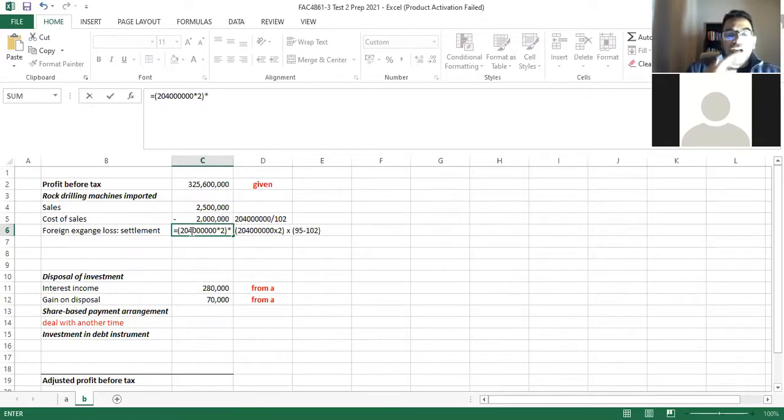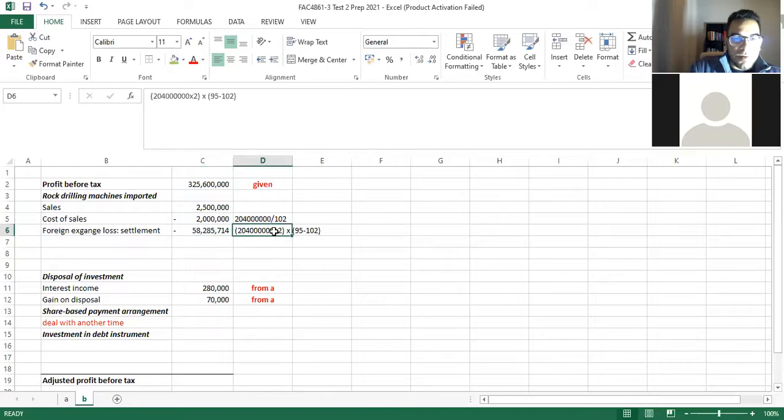The foreign exchange adjustment would be, not multiply, divide by, 95 minus 102. So that is the foreign exchange adjustment.